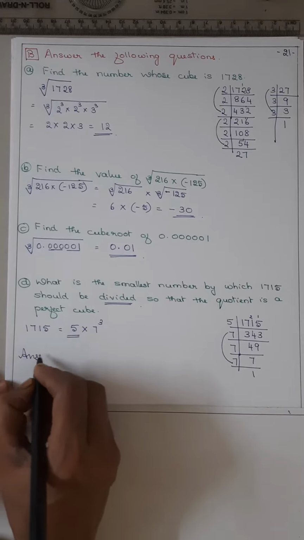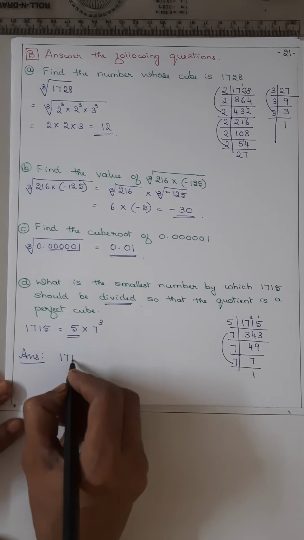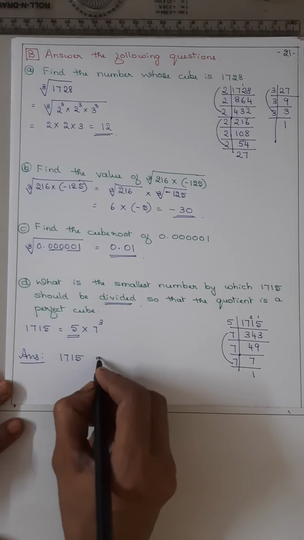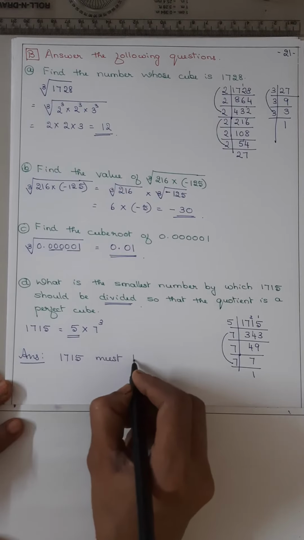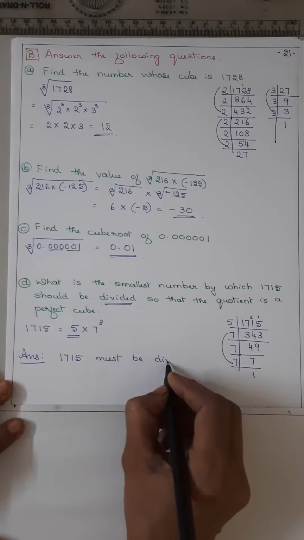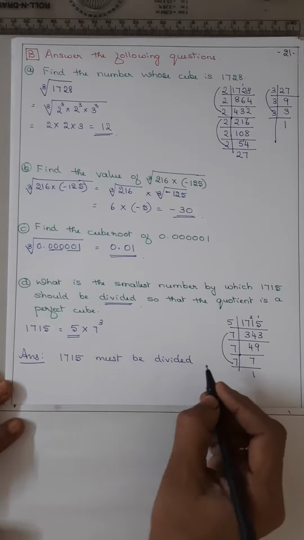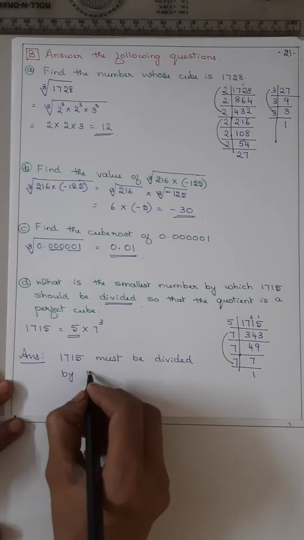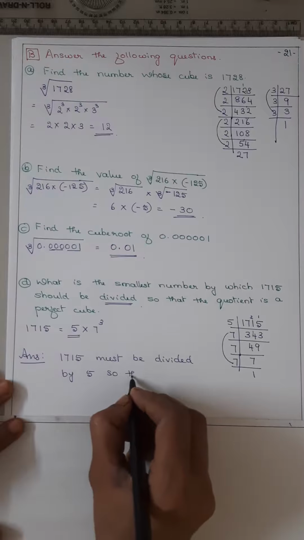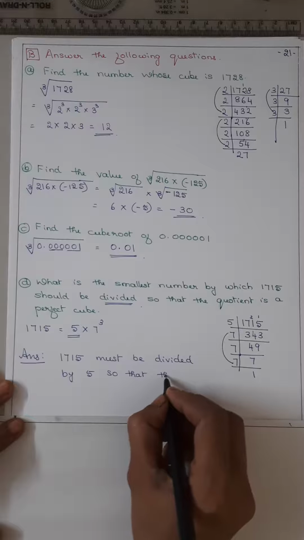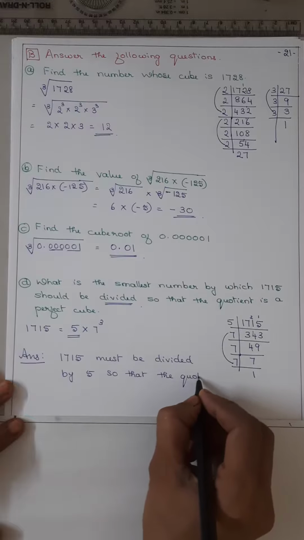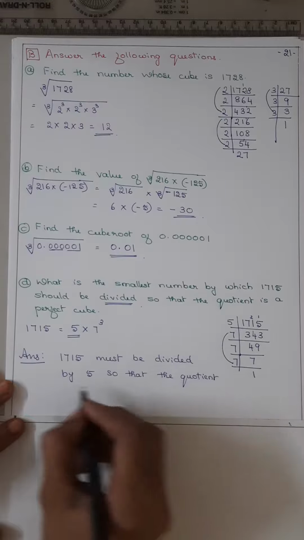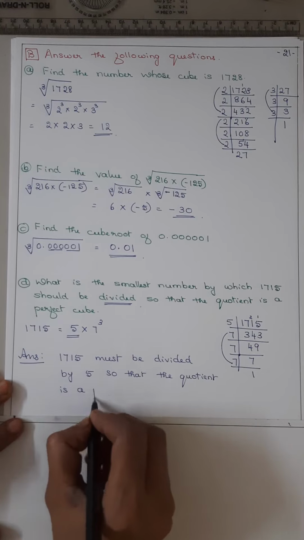So the answer: 1715 must be divided. Whatever is extra, it has to be divided by 5 so that the quotient is a perfect cube.